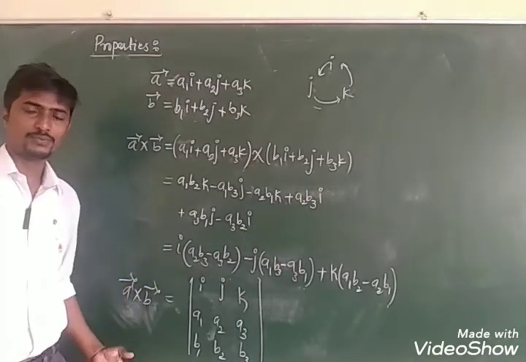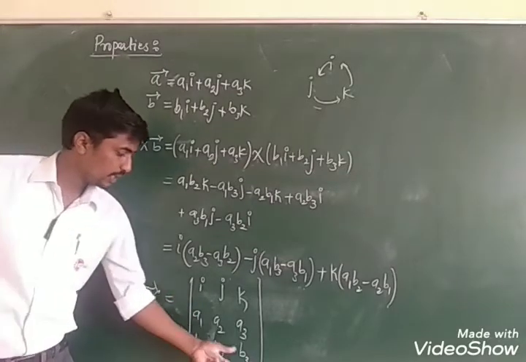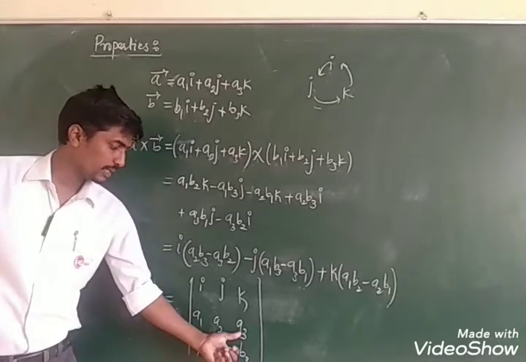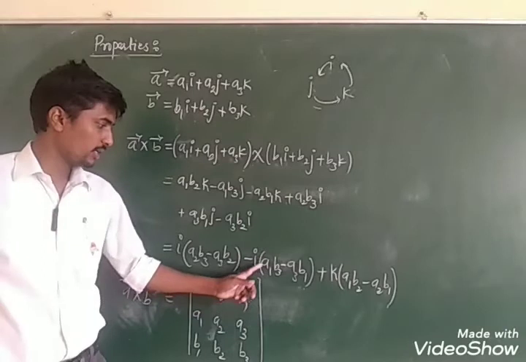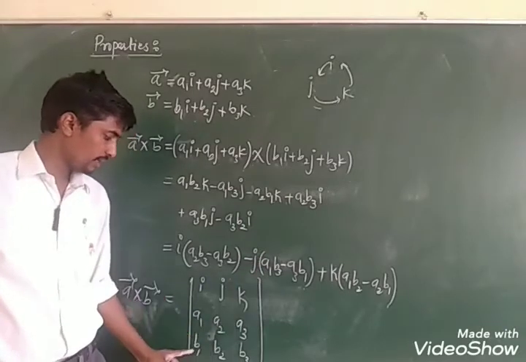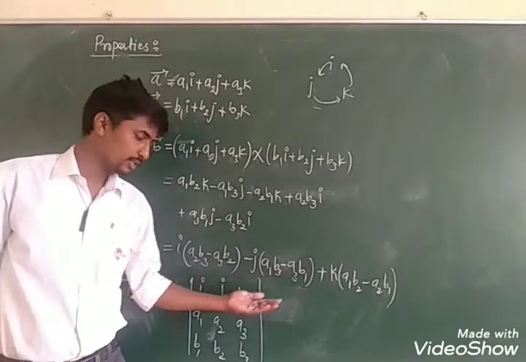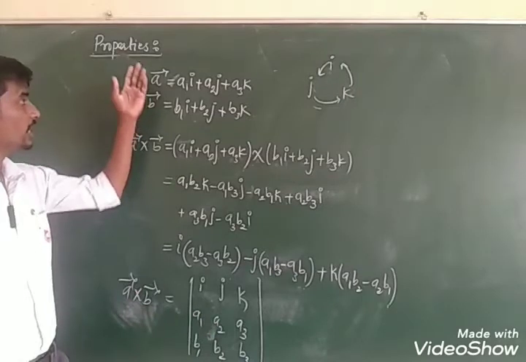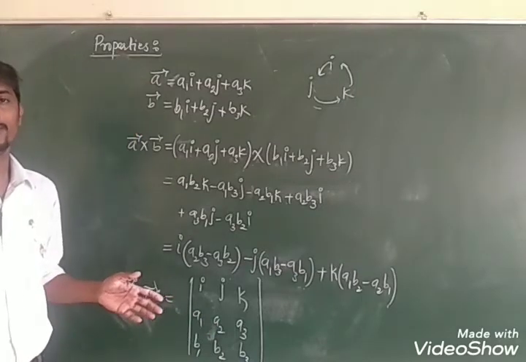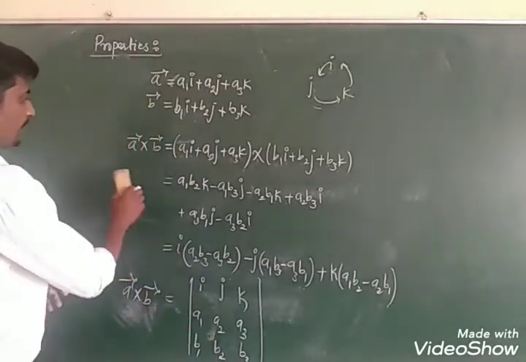It is written as I into bracket A2 B3 minus B2 A3, and minus J into bracket A1 B3 minus B1 A3. So this can be written in the determinant format, which helps to solve the examples. Yes, so let's solve one example here.